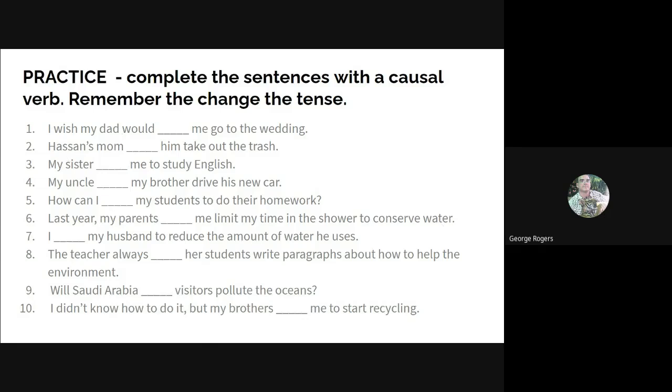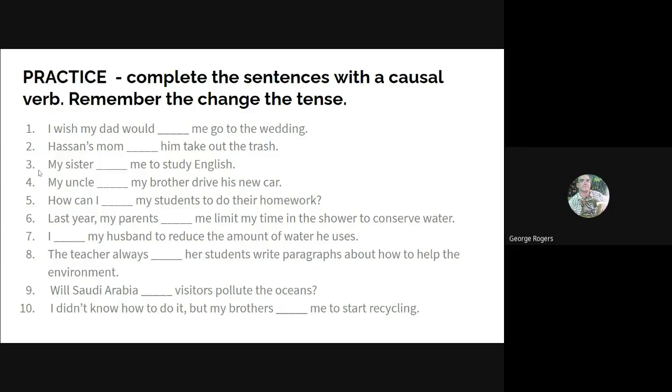Number one, I wish my dad would blank me go to the wedding. So wedding, two people getting married. What do you think goes here? Okay. Hassan's mom blanked him, take out the trash.